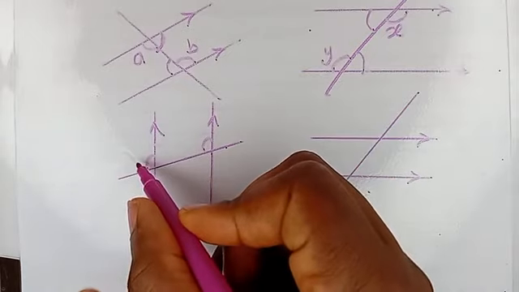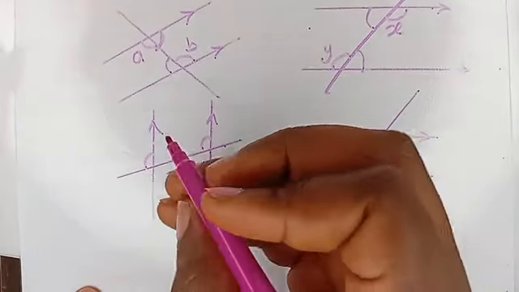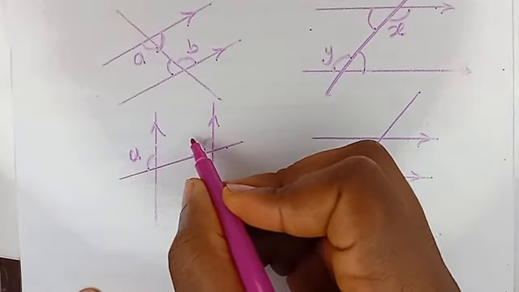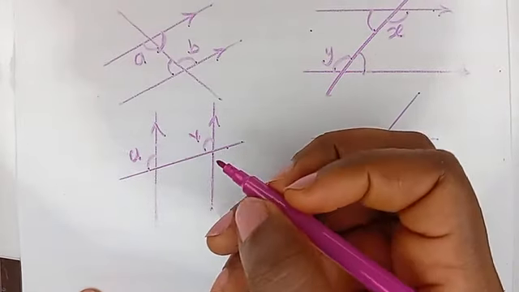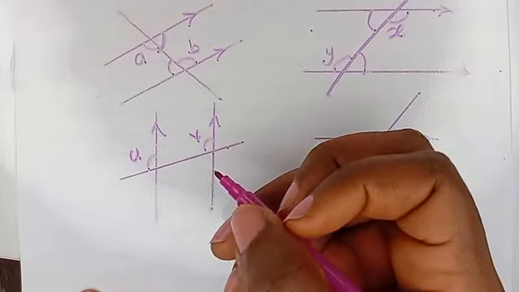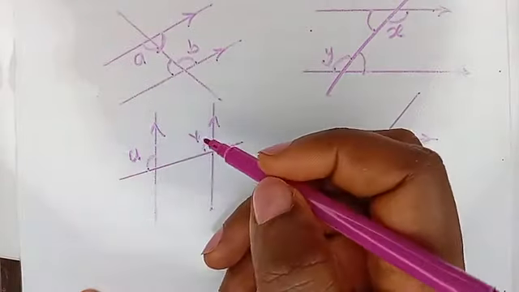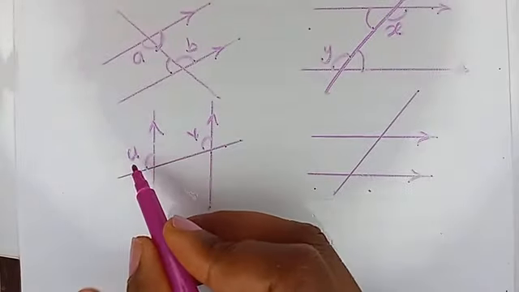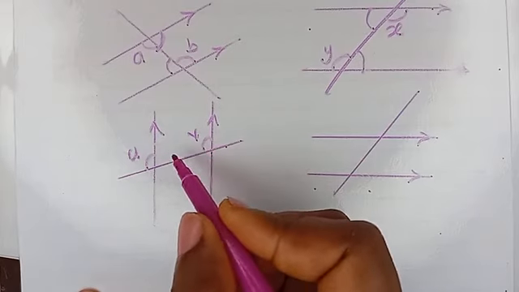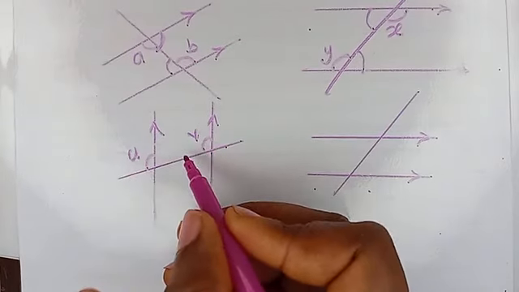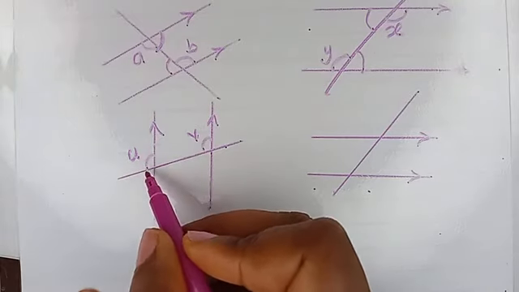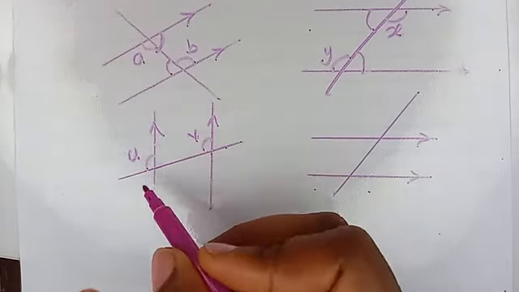So let's call this angle U and this angle V. Angle U and angle V are equal because they are corresponding angles. We can see that this transversal cuts across these parallel lines. Angle U and angle V are both on the left side, at the top of the transversal. So they are corresponding.